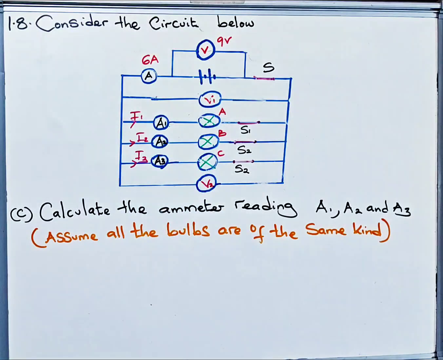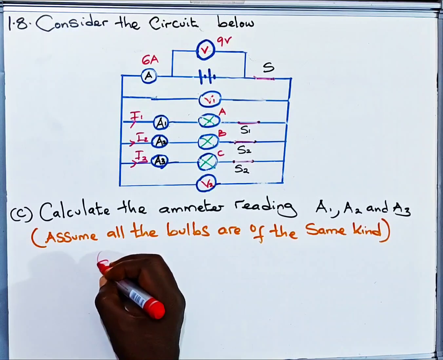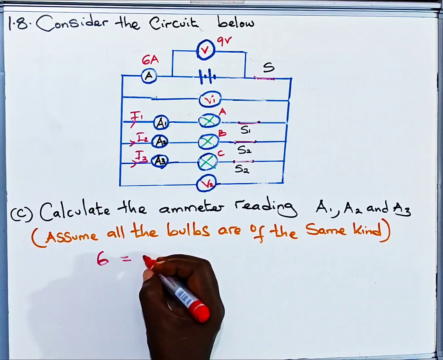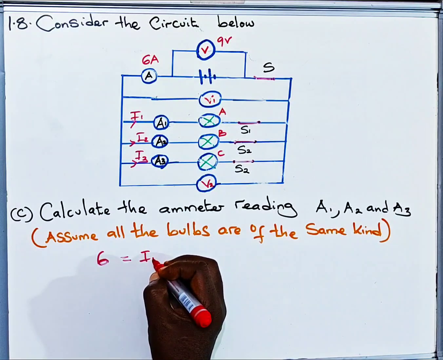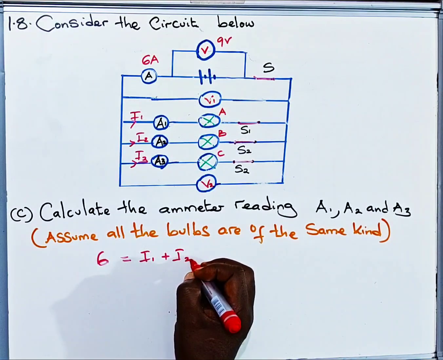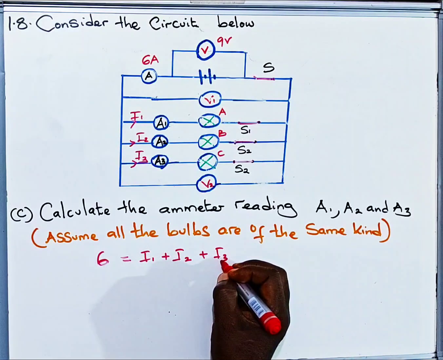So what do we say under this circumstance? We are going to say 6 is equal to I1 plus I2 plus I3.